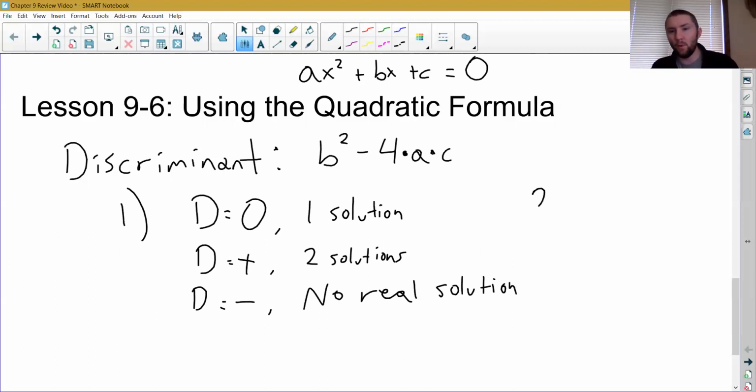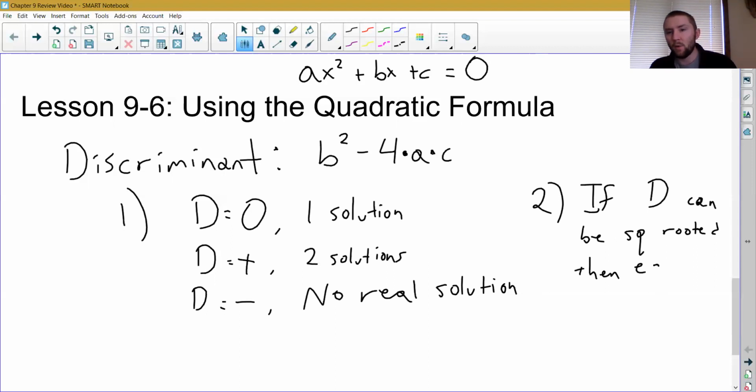And remember, number 2, if the discriminant can be square rooted, right? If it comes out as a number that we know the square root of, then the equation can be factored.